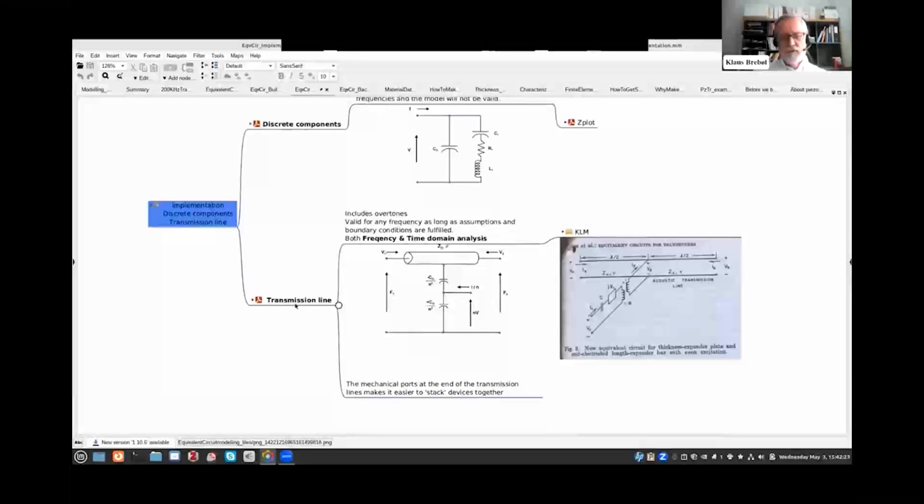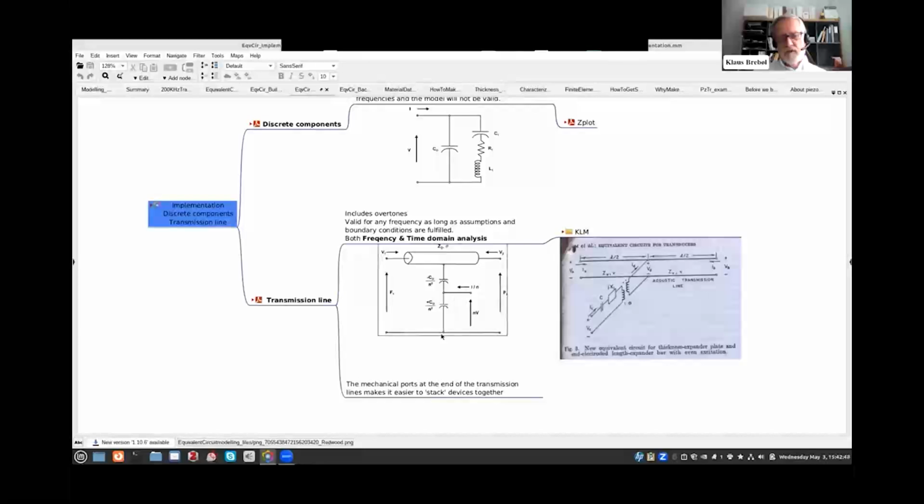If you instead use the transmission line model, the resonator will not only give you the fundamental resonance, but also the overtones. And therefore, it will deal correctly with not only the frequency signals, but also with the impulses in the time domain analysis.